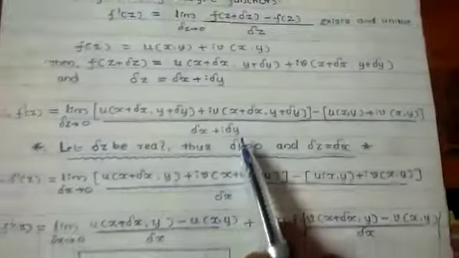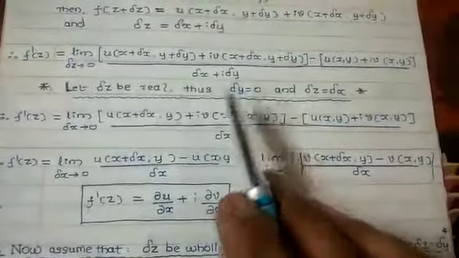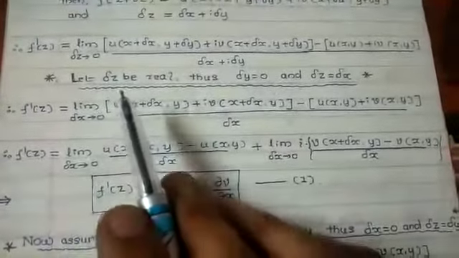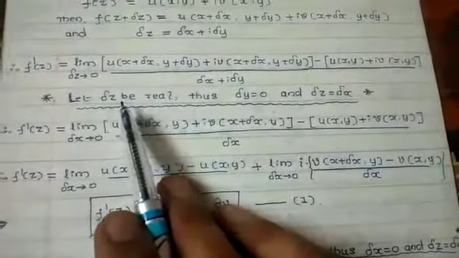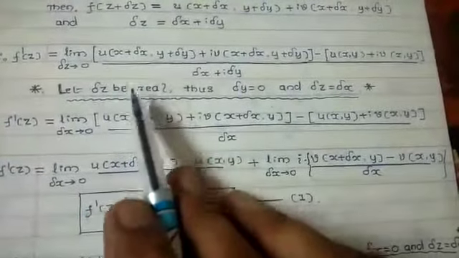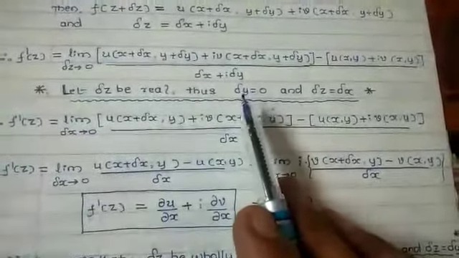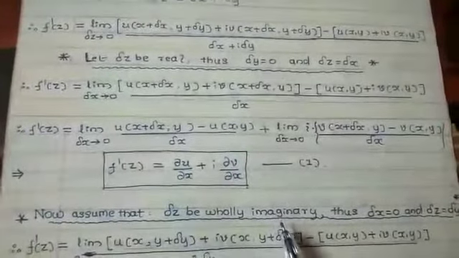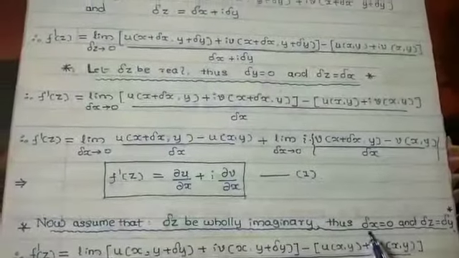In a complex number, real and imaginary parts are there, so we have to consider two conditions. First condition: suppose delta z is a real number. If it is real, the imaginary part should be 0. If it is imaginary, the real part should be 0.